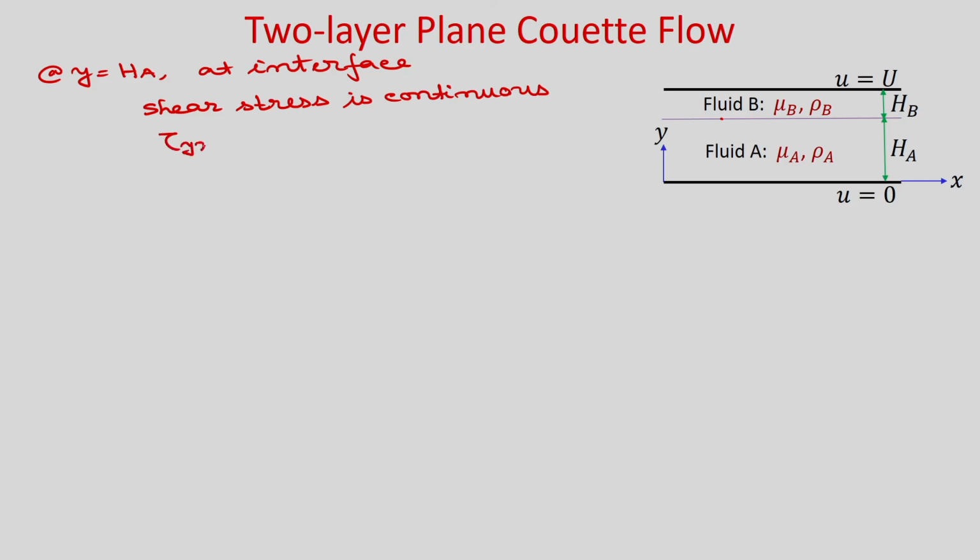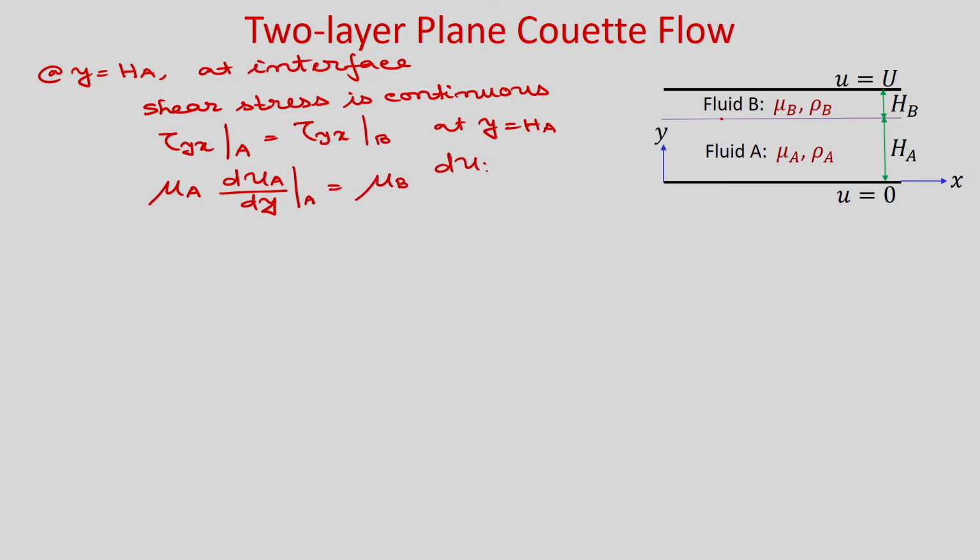So, tau y x from fluid A will be equal to shear stress from fluid B at y is equal to h A, that means at the interface. So, you can see mu A d u A by dy is equal to mu B d u B by dy from the fluid B side. So, obviously, if you calculate d u A by dy, you will get just C1 A, and d u B by dy will be C1 B.